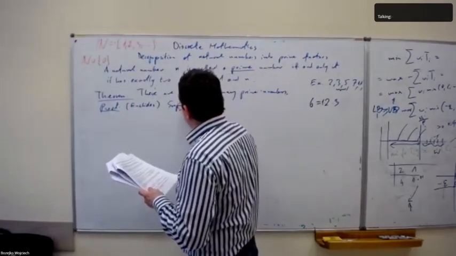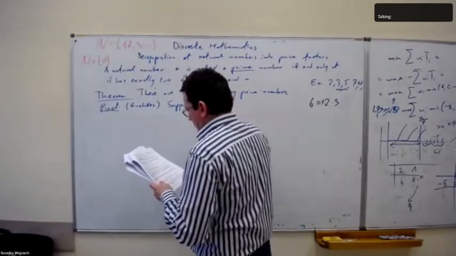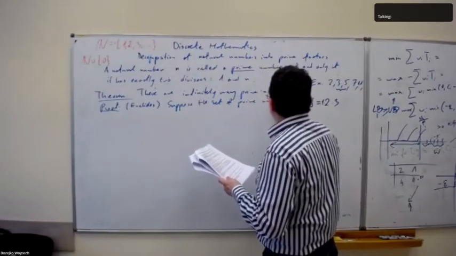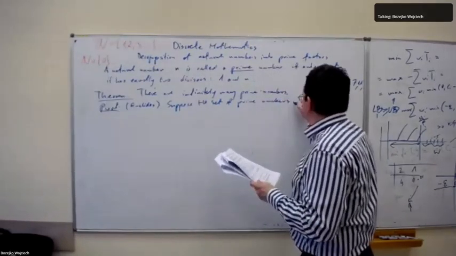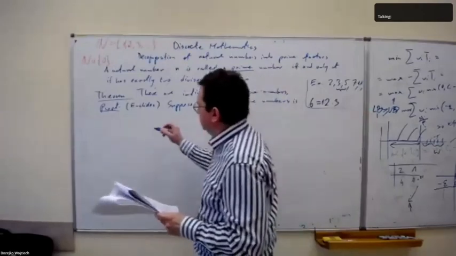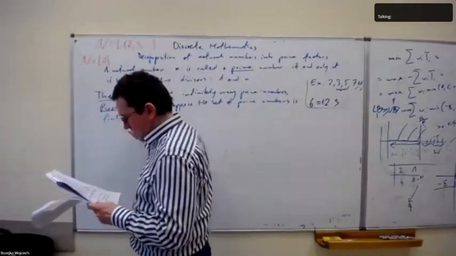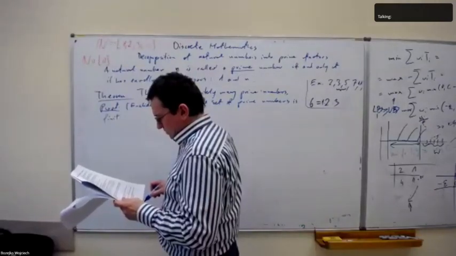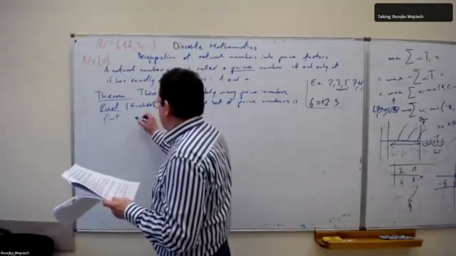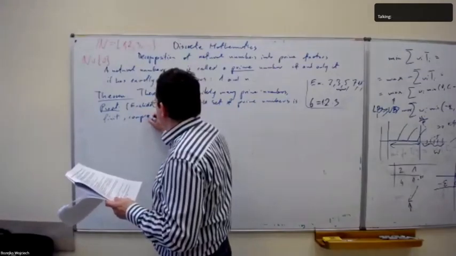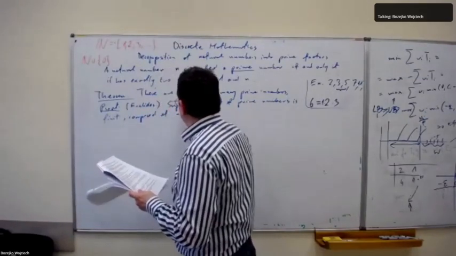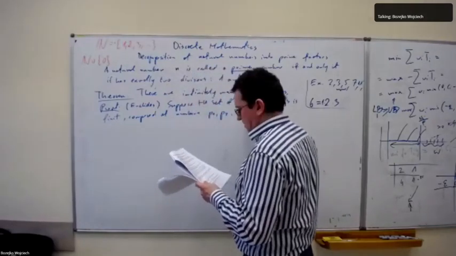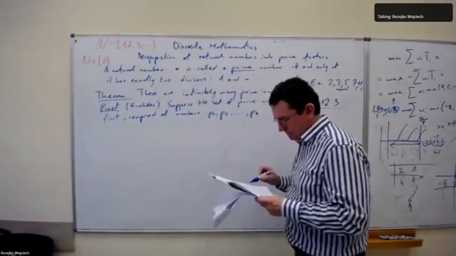Suppose the set of prime numbers is finite. Okay, composed of numbers P1, P2 up to Pk.